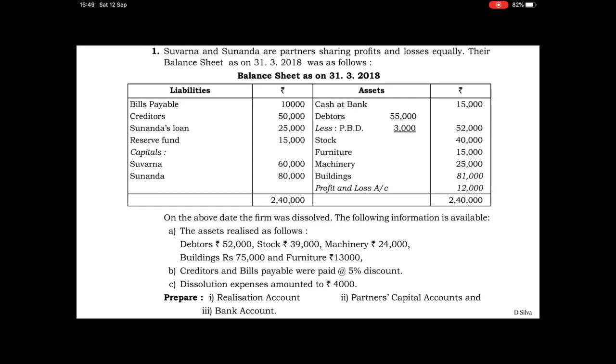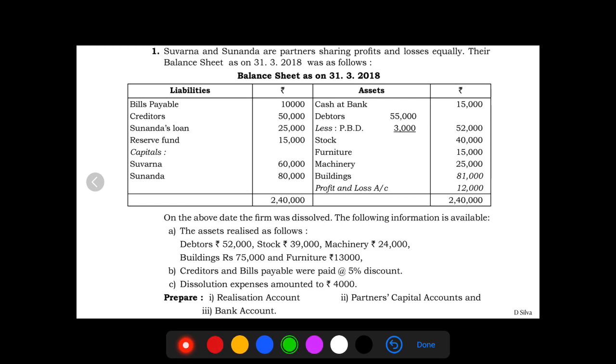Point number B. Creditors and bills payable were paid at 5% discount. Point number C. Dissolution expenses amounted to rupees 4,000. Prepare realization account, partners capital accounts and bank account.